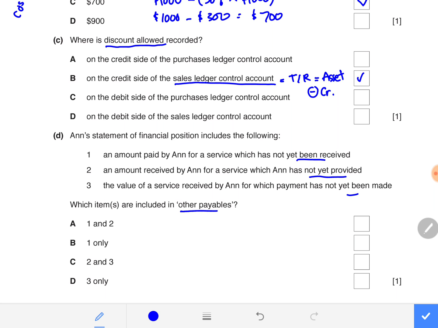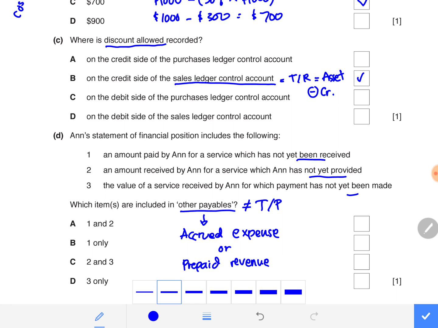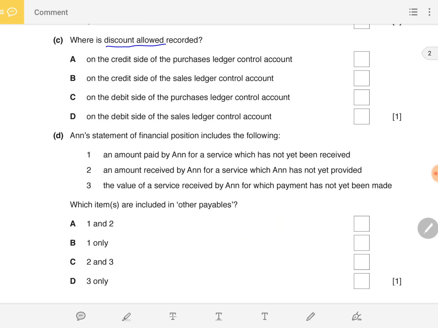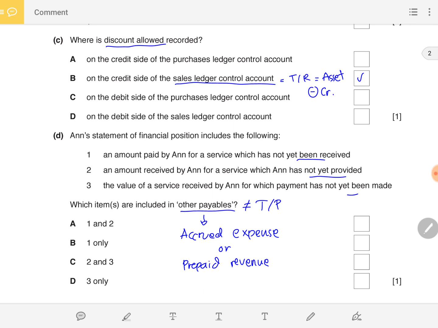Other payables means not trade payables. This is an accrued expense or prepaid revenue.